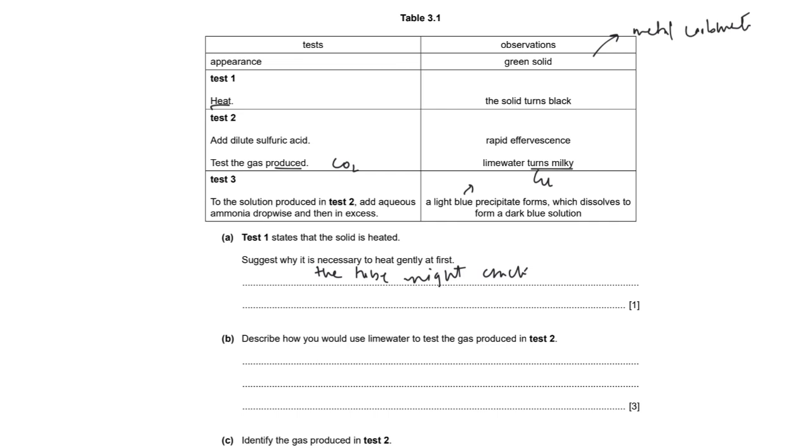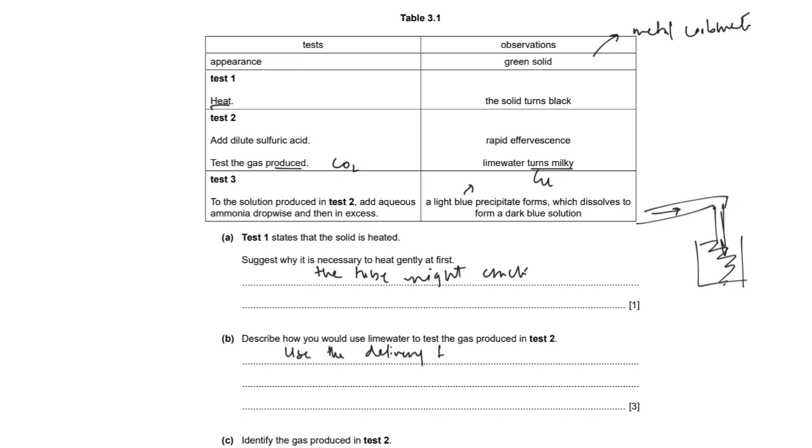Describe how you would use lime water to test the gas produced in test 2. So you'll use the delivery tube. There's a tube called the delivery tube. If, for example, this has lime water in it, this is called a delivery tube, and you will pass the gas through the lime water using this tube.